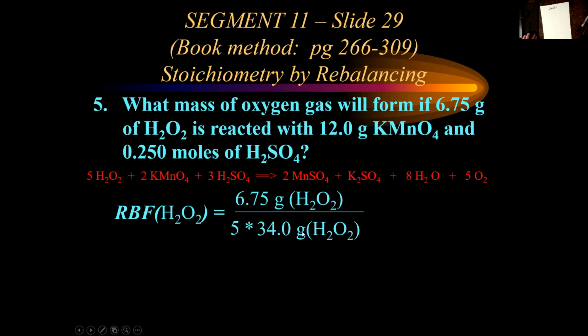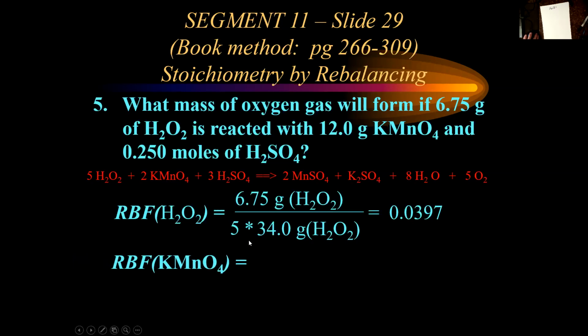It's 34 grams. This is what's shown in the problem in grams. This is the equation in the same unit as the problem. We divide it out, we get 0.039. So the rebalancing factor for the reaction with the hydrogen peroxide is 0.039.